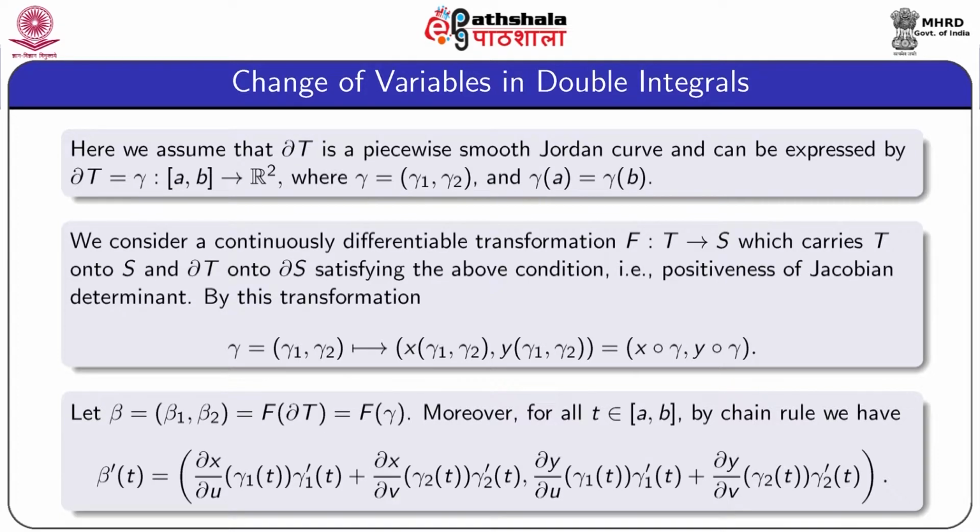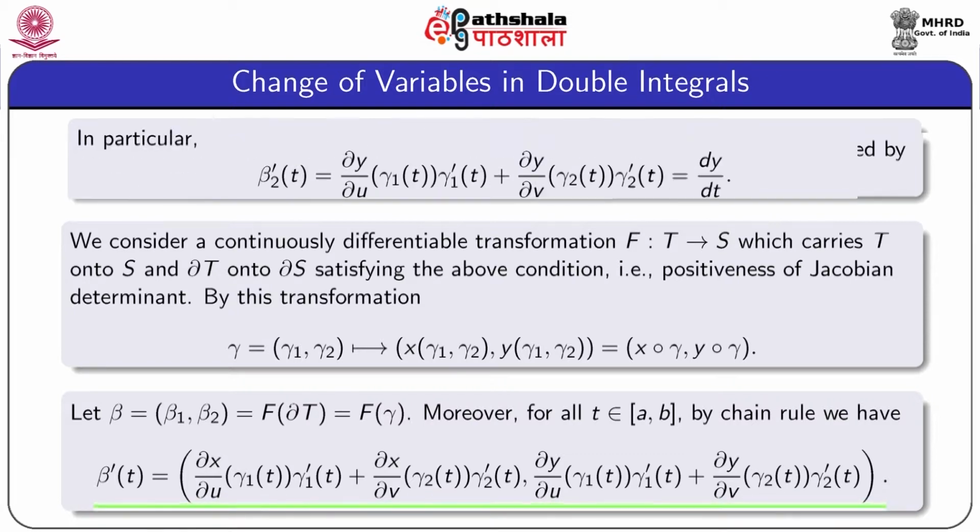Let beta, which has components beta 1, beta 2, be F operated on gamma. Moreover, for every t in [a,b], by chain rule we have beta'(t) equals (∂x/∂u gamma 1'(t) plus ∂x/∂v gamma 2'(t), ∂y/∂u gamma 1'(t) plus ∂y/∂v gamma 2'(t)).